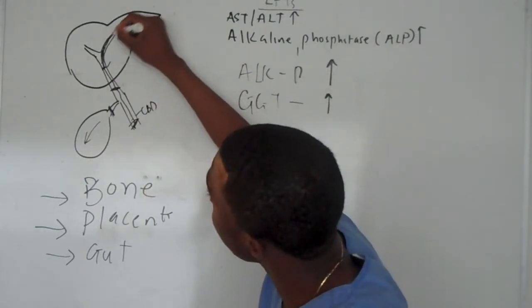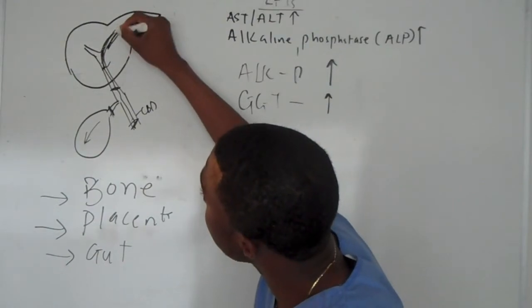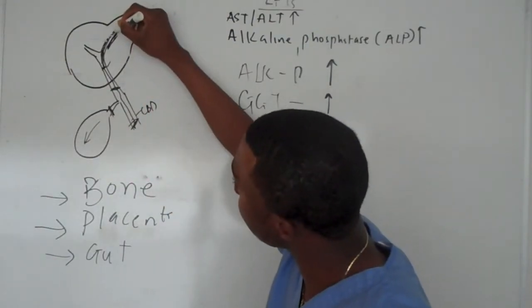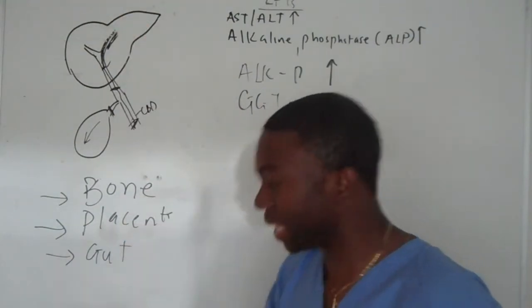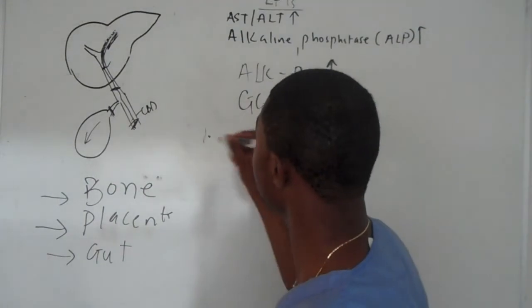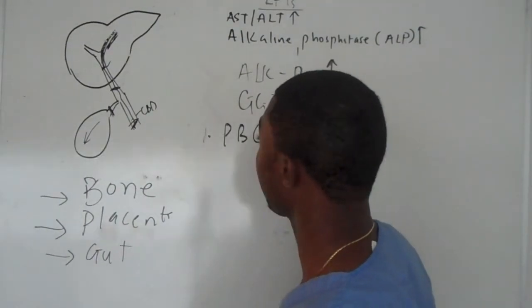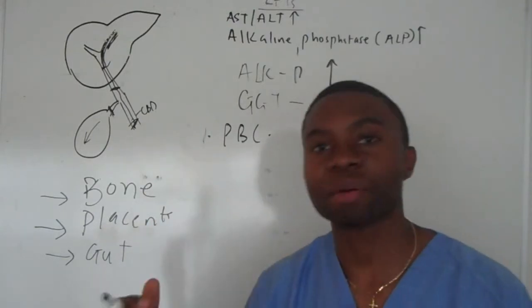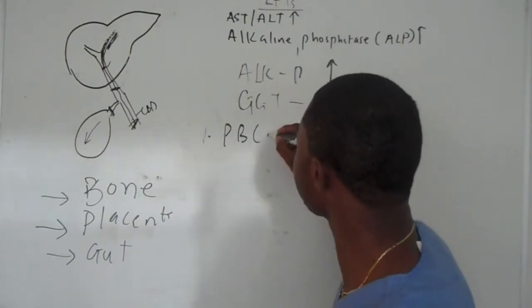What if I have something causing some autoimmune reaction, actually damaging my biliary tree inside the liver? What should we be thinking? Have you ever heard about primary biliary cirrhosis? That's right. Primary biliary cirrhosis, right?